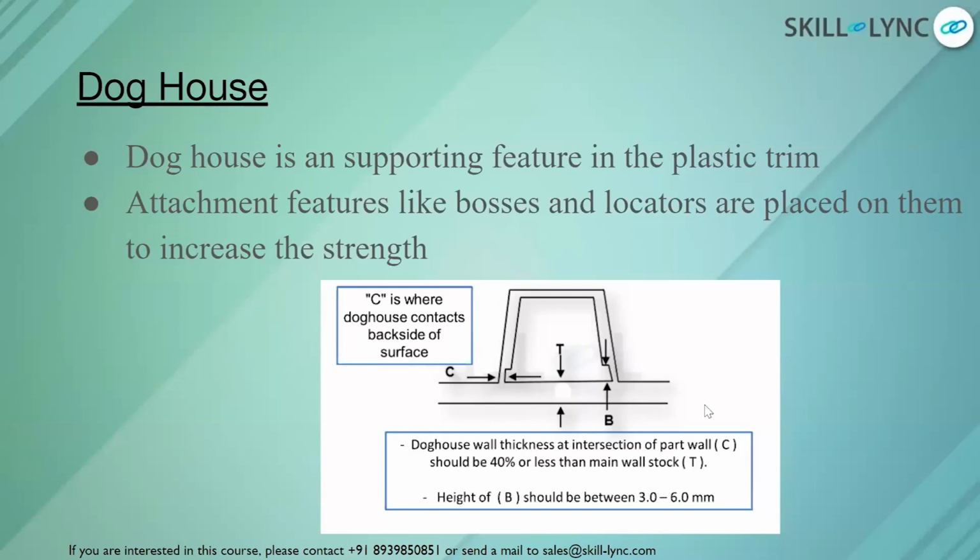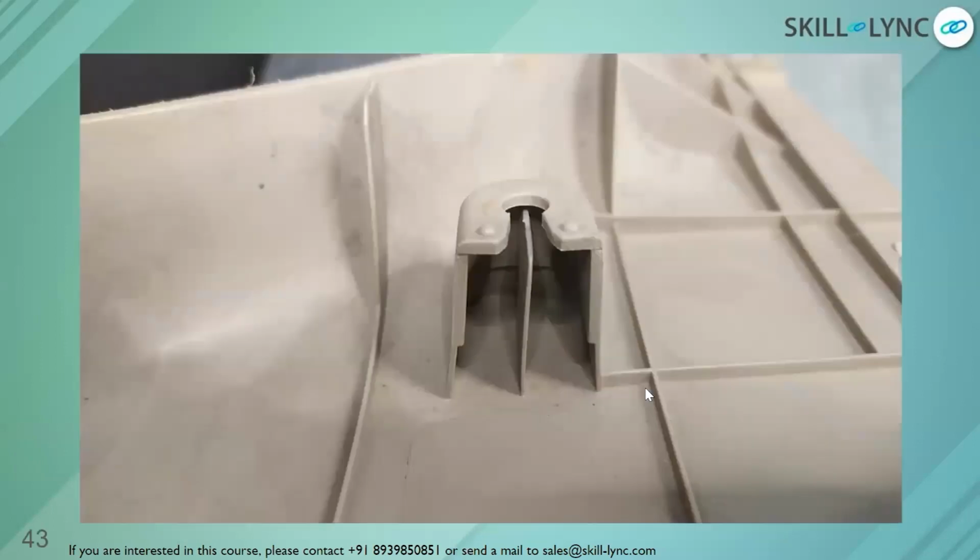So these are some of the things you need to look into when developing your doghouse. We'll also see some doghouses, and the height of this structure, the B height, that we generally see is going to be 3 to 6 mm. General criteria 3 to 6 mm, so that we can maintain this structure.